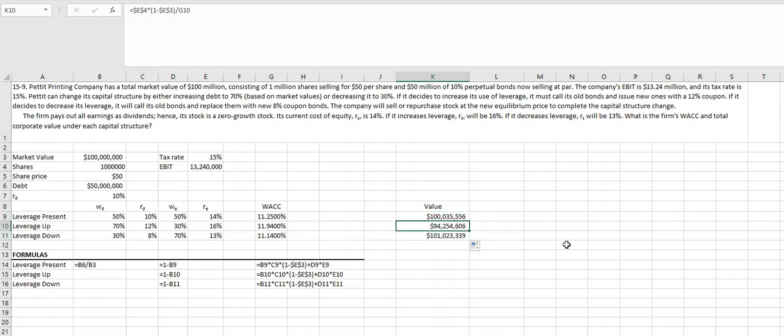We can see that if we leverage up, the value of the firm will actually fall. It will fall to 94,254,255. And if we leverage down, the firm will actually increase in value to 101,000,023. So if we want to represent this in terms of millions, we can divide by a million, or we can increase to 2 decimal places.